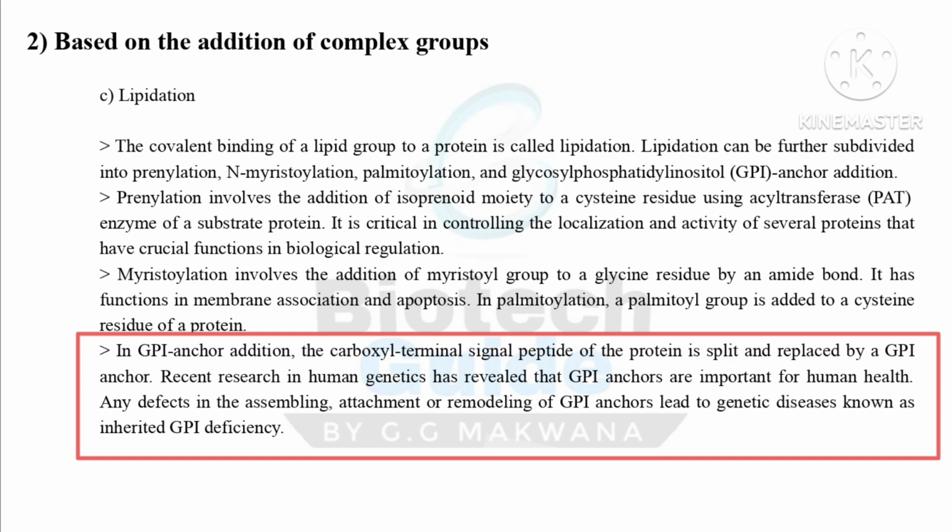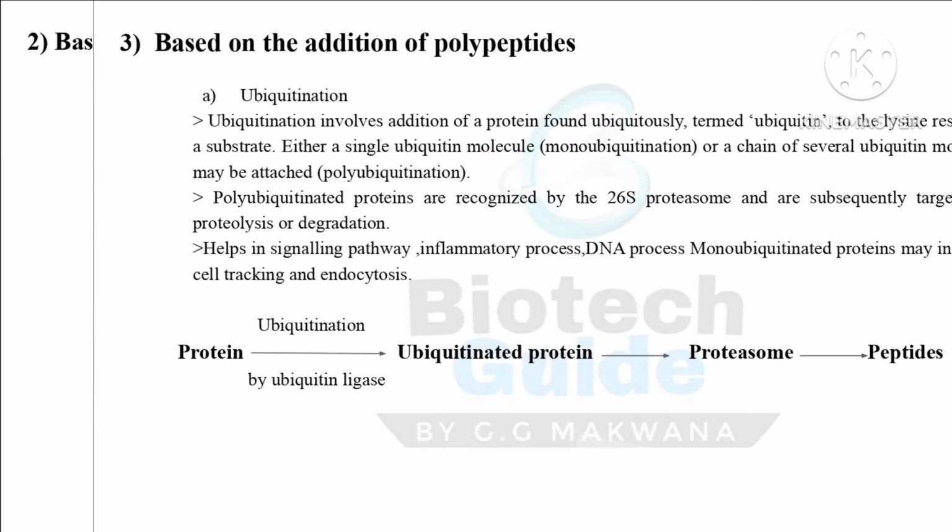This is important because recent research in human genetics has revealed that GPI anchors are important for human health. Any defects in the assembling, attachment, or remodeling of GPI anchors lead to a genetic disease known as inherited GPI deficiency. So this is the second, lipidation.